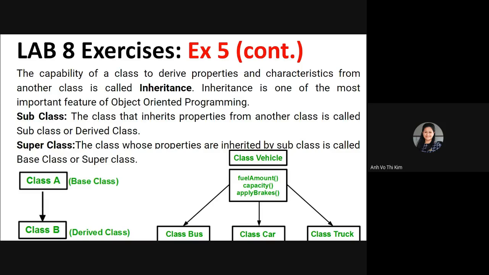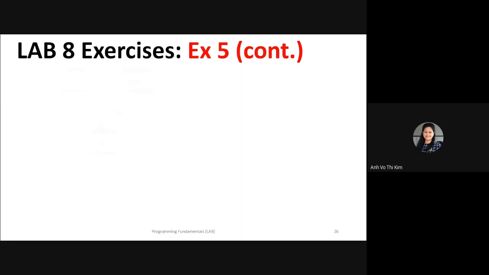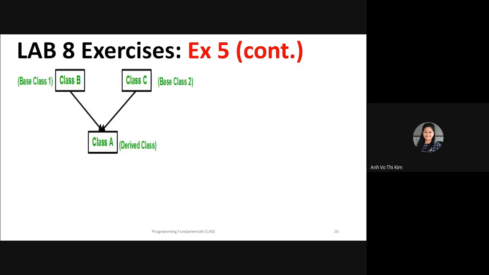And in some cases, other people out there also call it the base or the derived class, it is the same, okay? Base or super is the same, sub or derived is the same, okay? Or some people call it father and child or son. And there are many kinds of inheritance.